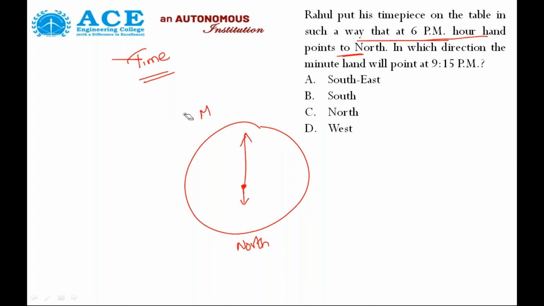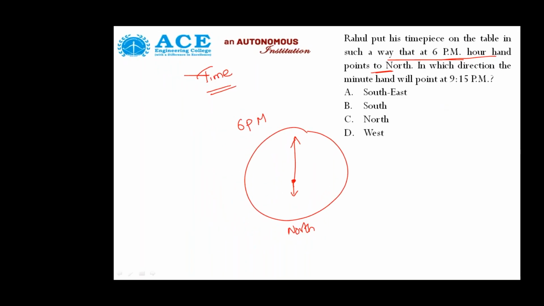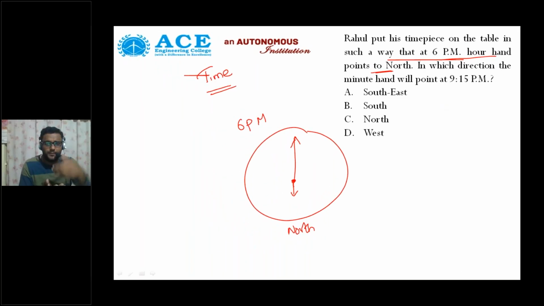Okay, you can put your timepiece in different ways. You can place the watch like this or like this, horizontal or vertical, depending on the requirement you have. You can put it horizontally, vertically, crosswise, all those. Rahul put his timepiece in such a way that at 6 p.m. our hand is showing north.